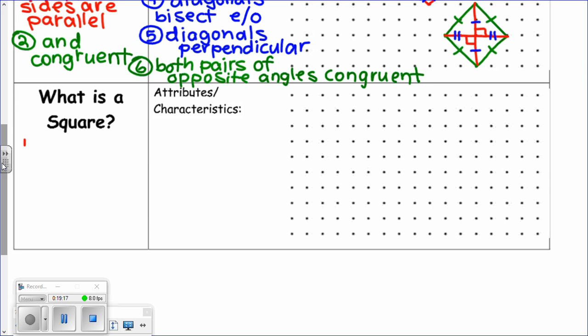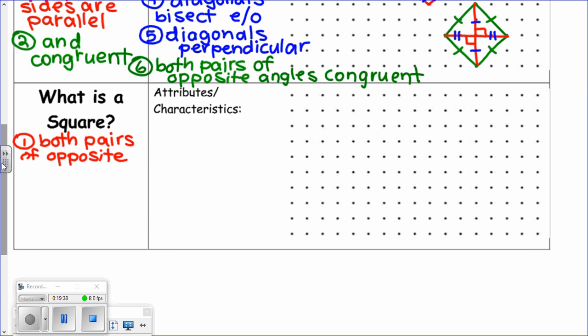So in a square, we know that all 4 sides are going to be equal, but the first thing I want you to remind yourself is that both pairs of opposite sides are parallel. Which means that the sides across from each other are never going to meet.